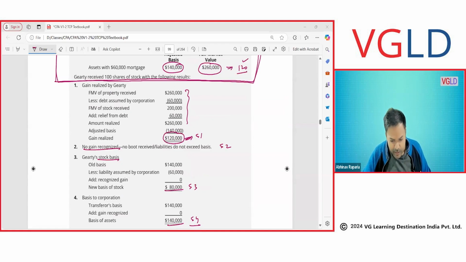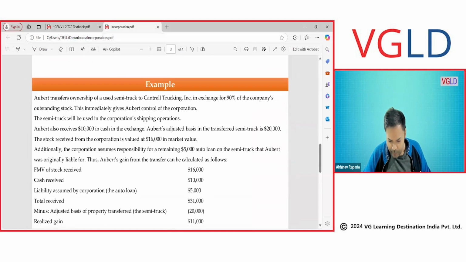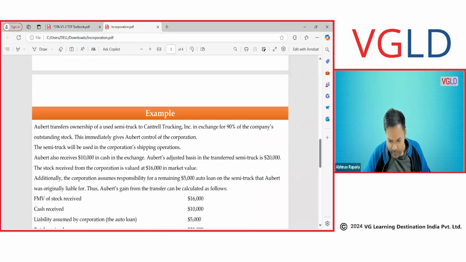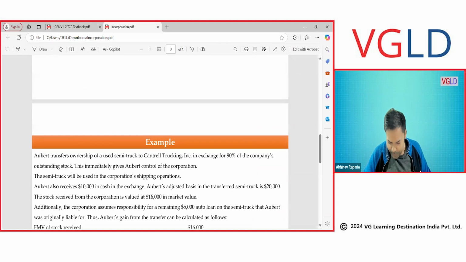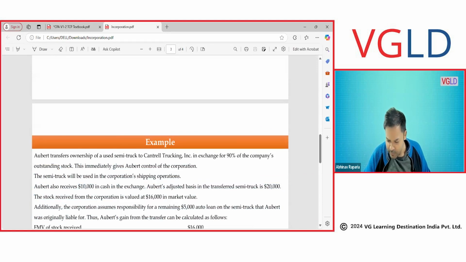Now, I told you that I will do this last question, but still I'll do one more question, guys, with you. Allow me a moment. I want you to do this question also. This is an important question. I'll tell you why. Can you see the question, guys? Is it visible? Do that question.